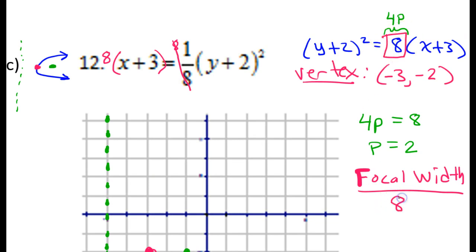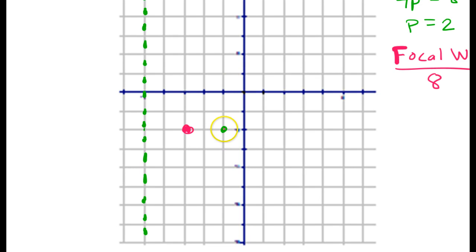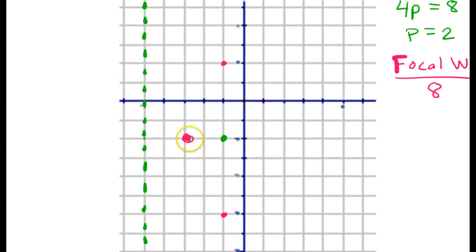So the focal width is 8, but just understand if this number had been a negative 8, the p-value would be negative 2, but the focal width would still be positive 8. The focal width is always positive. Anyway, the focal width is the width of the parabola at the focus. So if the focal width is 8, that means if I go up 4 and down 4, that will give me a total width of 8. So I now have enough points to graph my parabola.